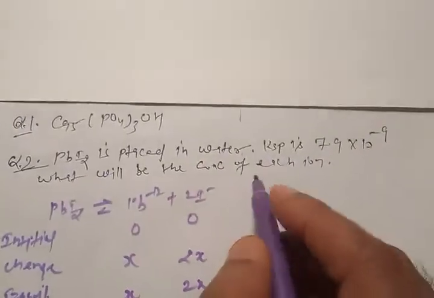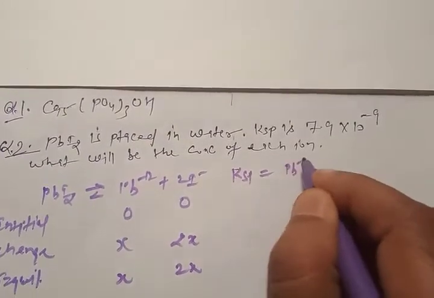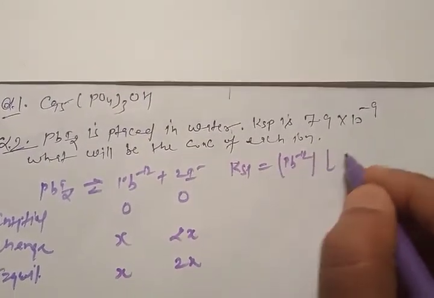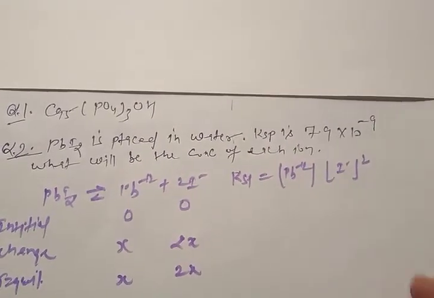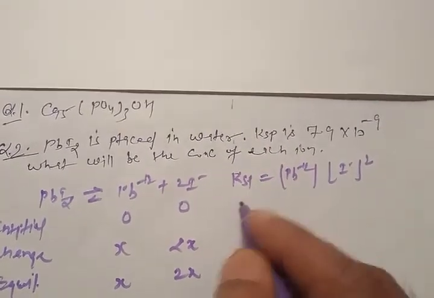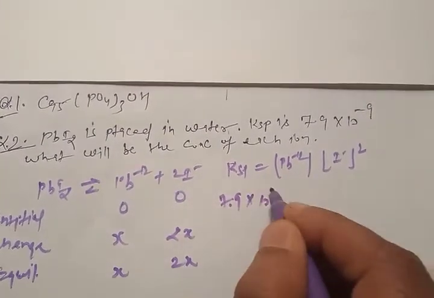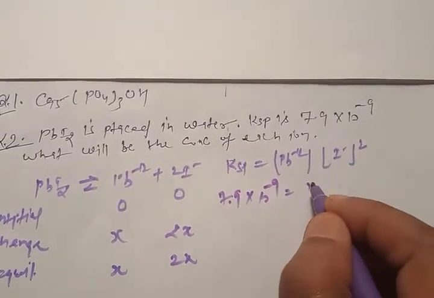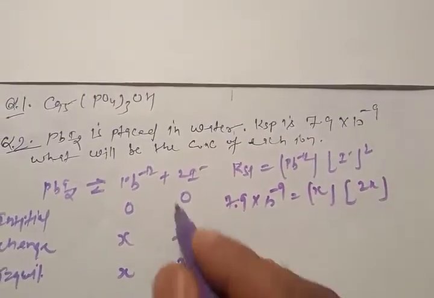So now the Ksp, so Ksp is what? Pb plus 2 and iodine twice. Okay, and this you have given as 7.9 into 10 to power minus 9. This is nothing but x, and this is 2x. This is what? 2x.